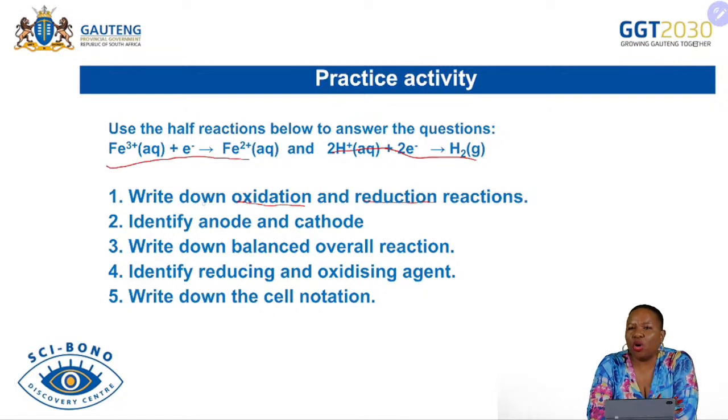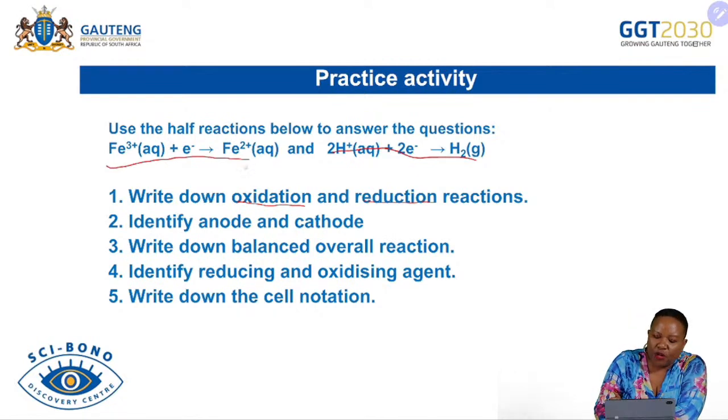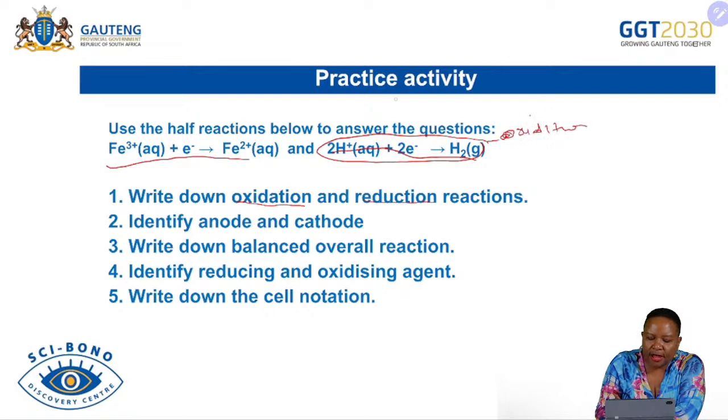There is no fixed order from the examiner. The examiner can start with any reaction, whether it's reduction or oxidation. They're just providing the reactions, so don't think that when iron is given first it will always undergo oxidation, because this is not a cell notation. It's just two reactions provided to you. You need to figure out which one will undergo oxidation and which one will undergo reduction. We have already done that: this one will undergo oxidation and the other one will undergo reduction.